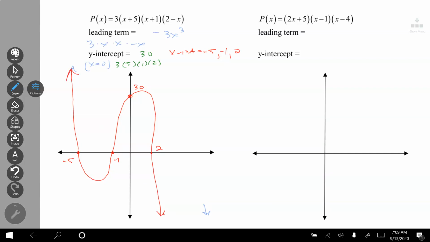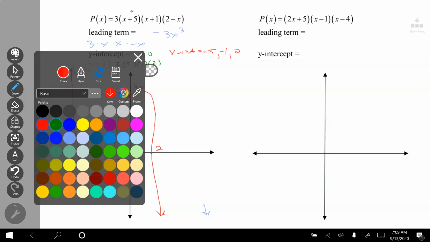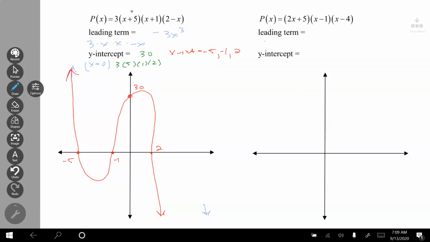This next one, again, my leading term is going to be 2x times x times x, which is 2x cubed. That means the right side goes up, the left side goes down. My y-intercept, I'm going to plug in 0. I get 5 times negative 1 times negative 4. I get 20. And my x-intercepts are negative 5 over 2, 1 and 4.